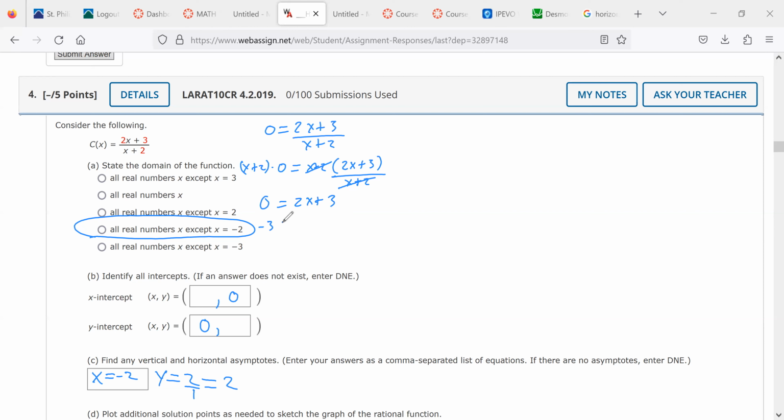Subtract the 3. Divide by 2. So we got negative 3 over 2. This is the x-intercept part.